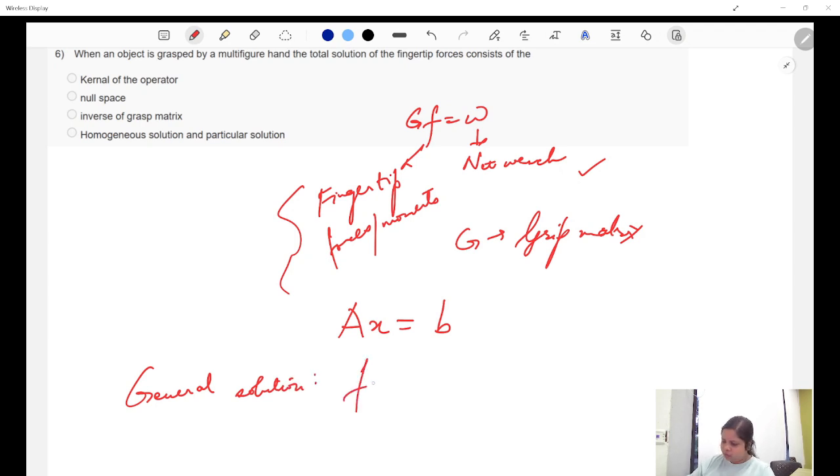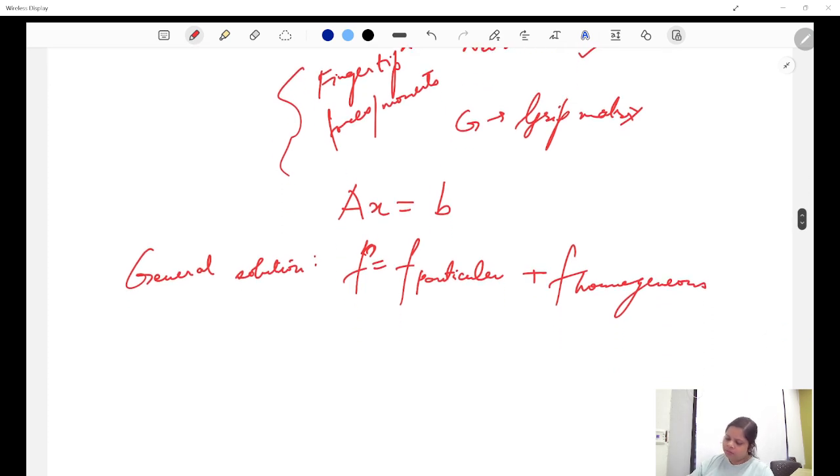F is equal to F particular plus F homogeneous. So what happens?